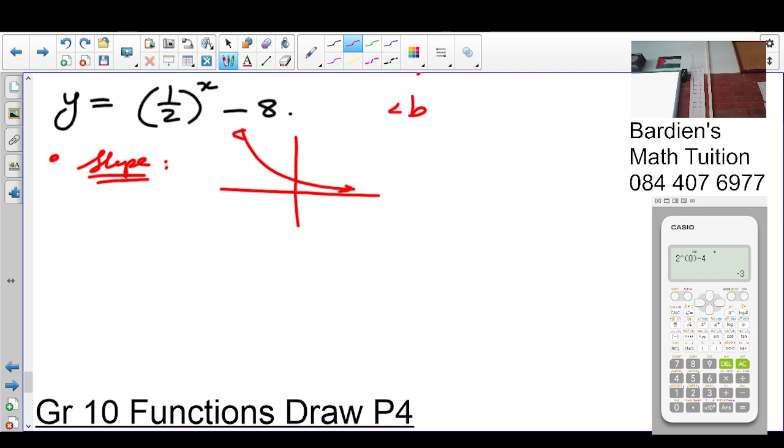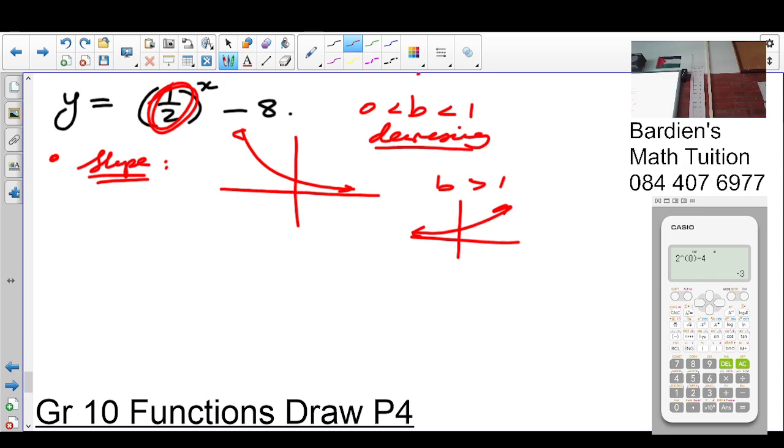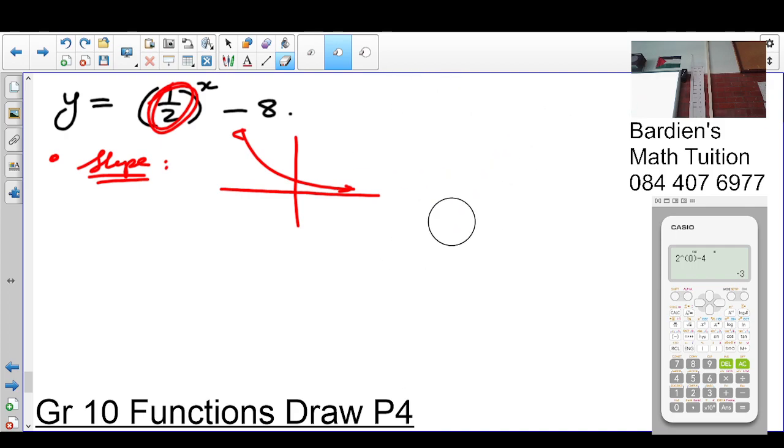If b is greater than 0 but less than 1, it is decreasing. This is b, people. If b is greater than 1, the graph would be increasing. Okay. You can refer to the previous lessons. We spoke about this already. That's when we use the table to draw the graph. You guys remember?